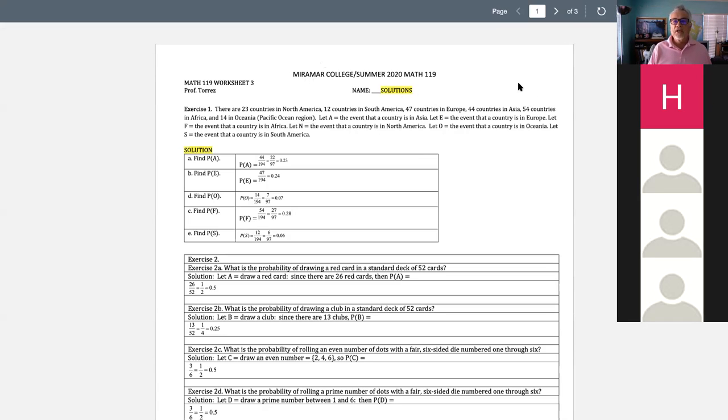So these problems here are just trying to get you to think about what a probability space is and how you would calculate probabilities using the notion of relative frequency.